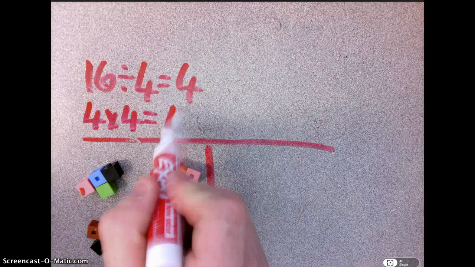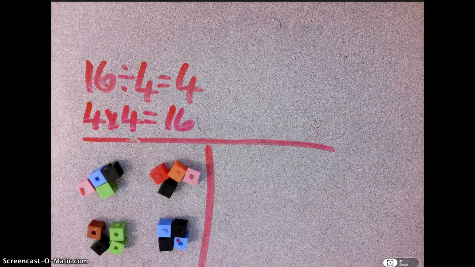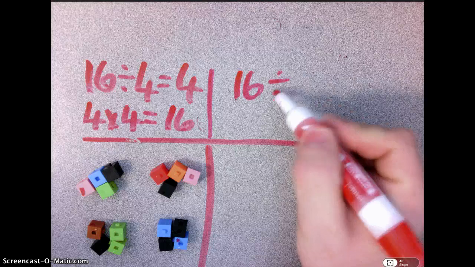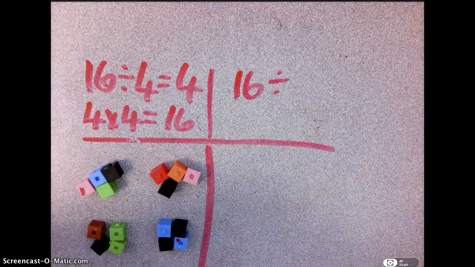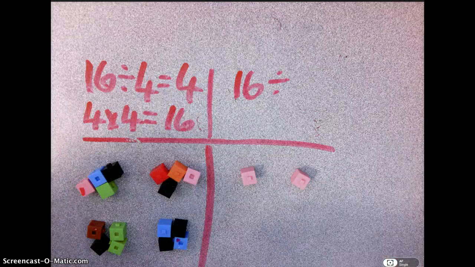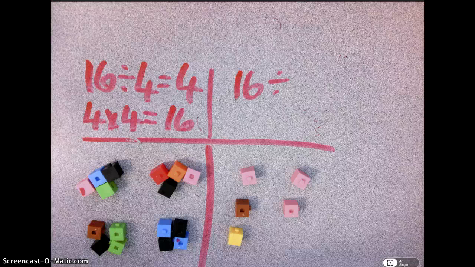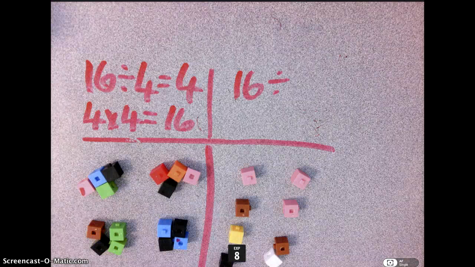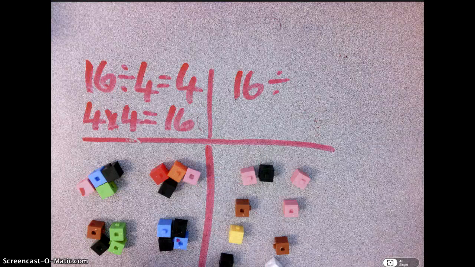So now, we're going to take that 16, and we're going to divide it into 8 groups. So 1, 2, 3, 4, 5, 6, 7, 8. So we've divided into 8 groups.